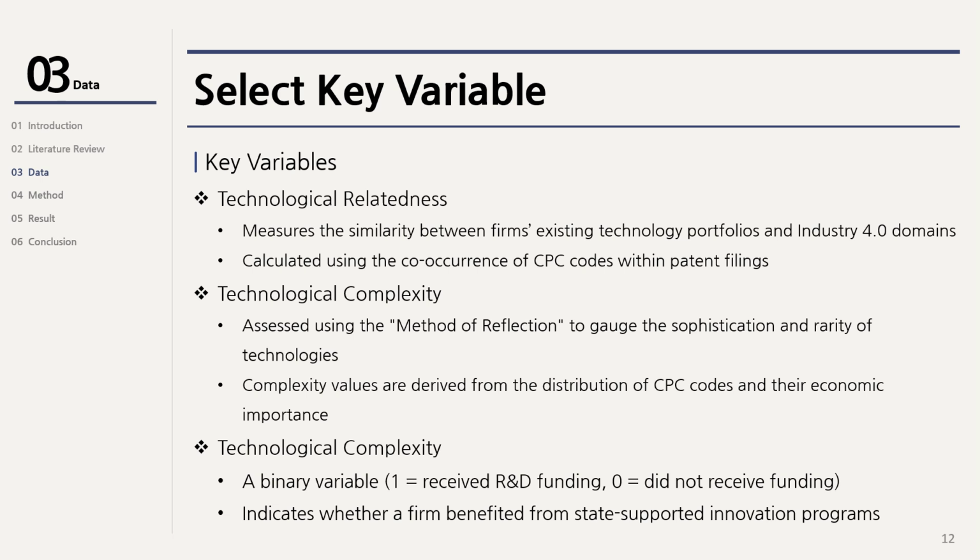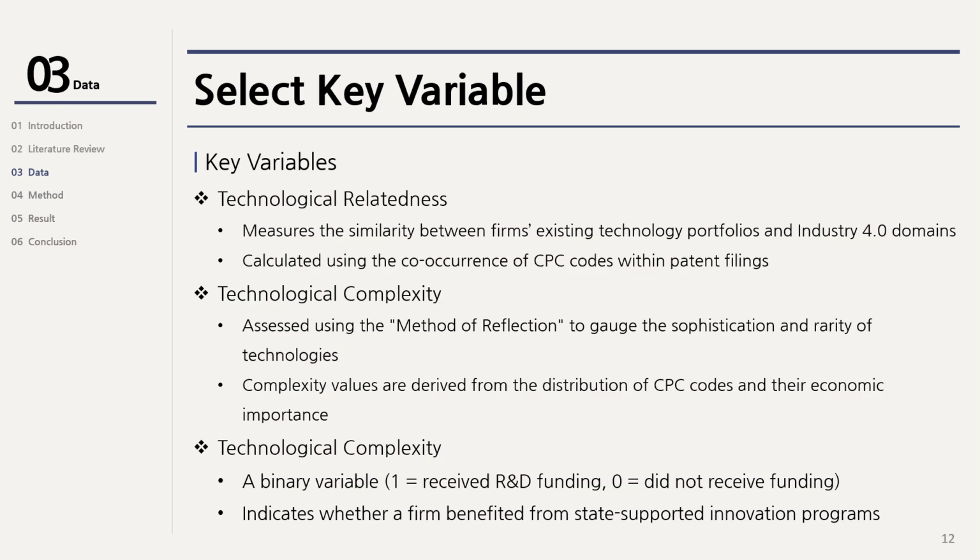Next, let's discuss the key variables derived from this data. First one is technological relatedness. This measures the similarity between a firm's existing technology portfolio and the industry for all technologies, and it is calculated based on the co-occurrence of CPC codes within patent filings.